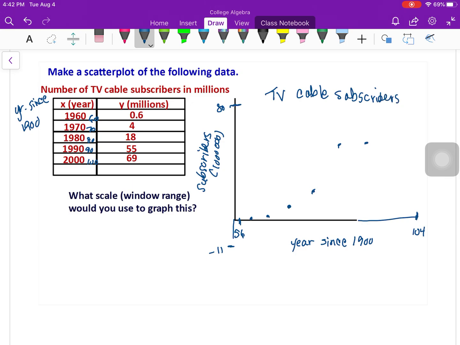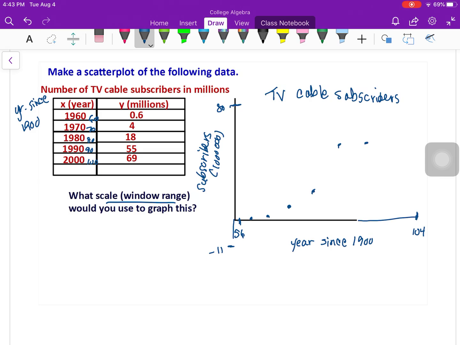And this whole chart was about TV cable subscribers. And you have everything listed. You have your minimum and maximum X's and what your X's stand for, your minimum and maximum Y's and what your Y's stand for, your data points for your 2 variable situation, and your title.